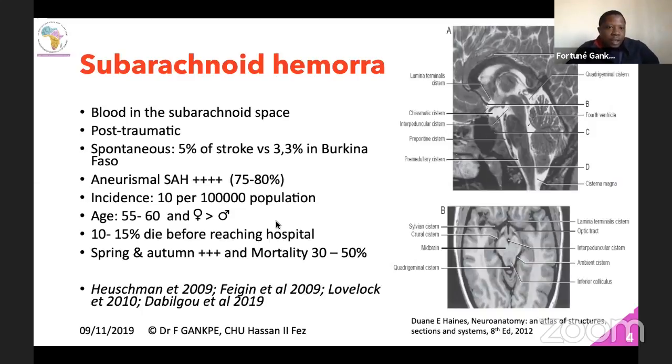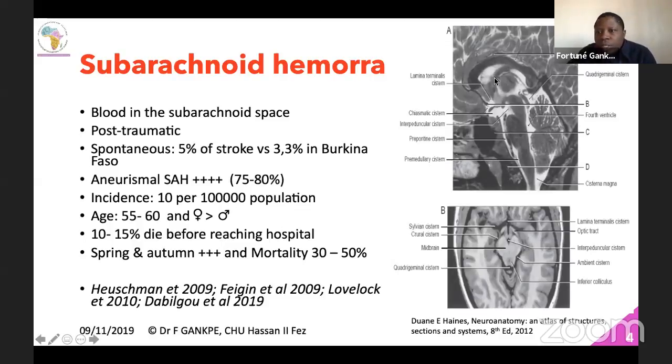The peak age is 55 to 60 years old, and females are more affected than males. Note that 10 to 15% die before reaching facilities, and some authors consider that subarachnoid hemorrhage is more likely to occur in the autumn, and mortality is very high, 30 to 50%.